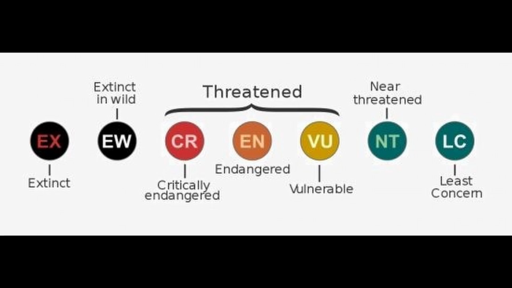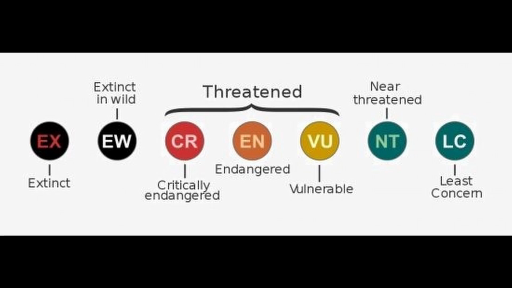Any species that is critically endangered must be dangerously close to being completely absent in the wild. Endangered is a category for taxa at high risk for being extinct in the wild. The vulnerable category is reserved for taxa that are considered to be at risk for extinction from the wild.